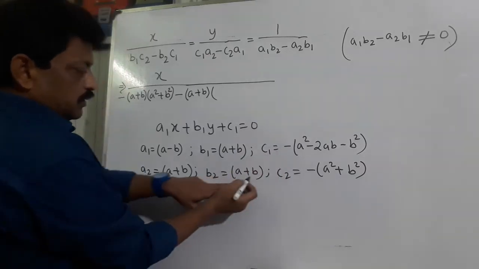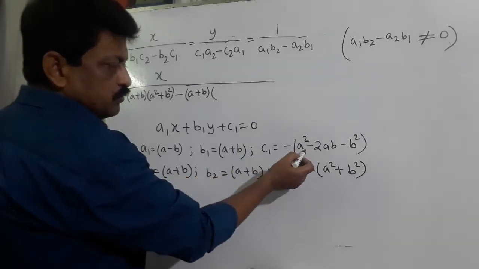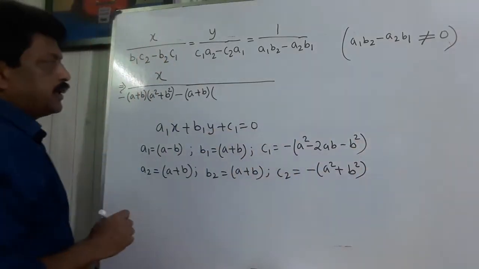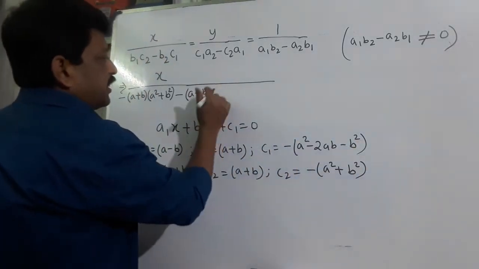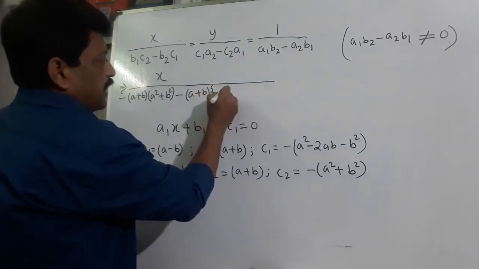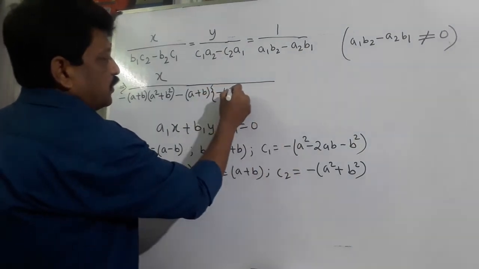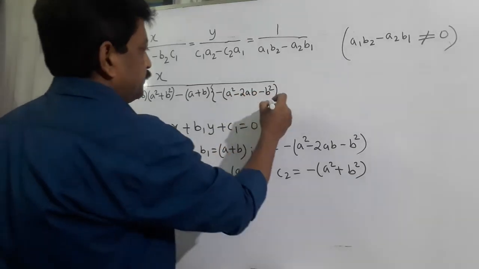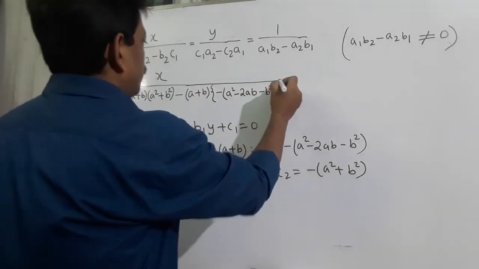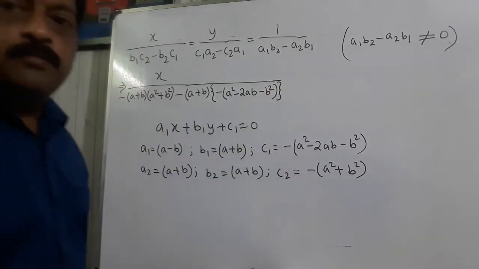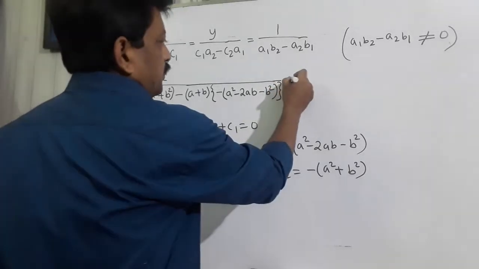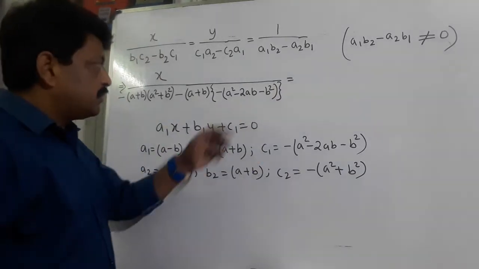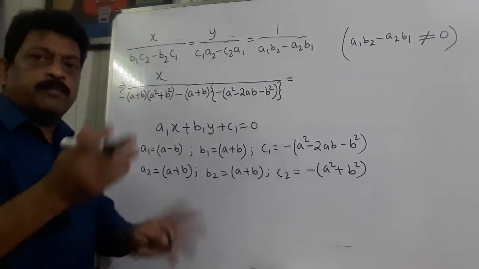So b2 is (a plus b) and c1 is the whole thing inside the bracket with a minus sign outside. So let me use a second bracket here, minus of (a square minus 2ab plus b square). The things are becoming a little bit tough, as you can see, so many calculations, so many brackets and so many plus and minus signs.